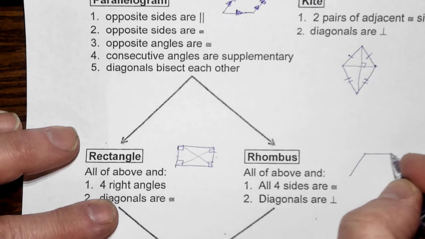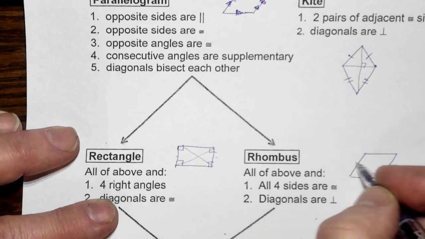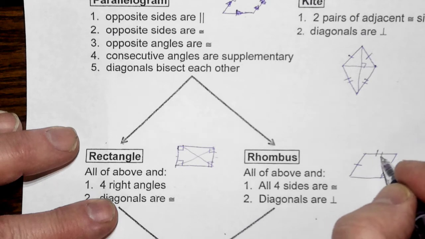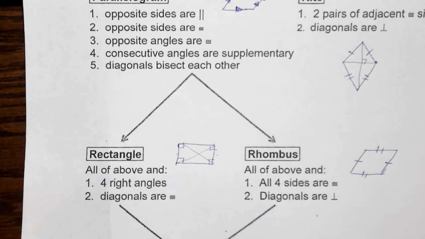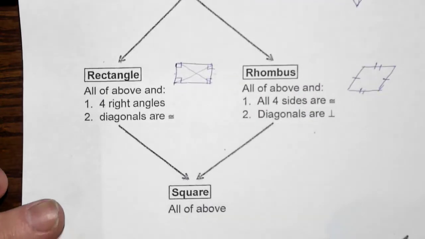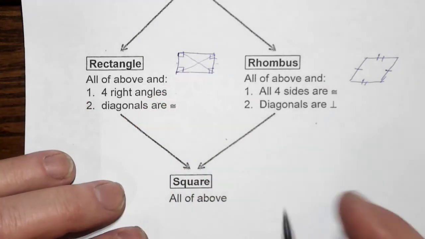So a rhombus is not only these are parallel and these are parallel, but these two sides are congruent and these two sides are congruent. That's called a rhombus. And then if you put these two things together, it gives you a square, and a square has all of these properties up above.